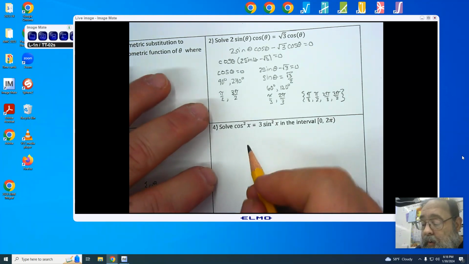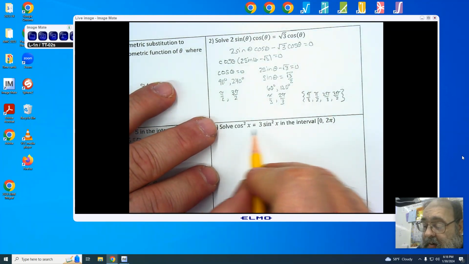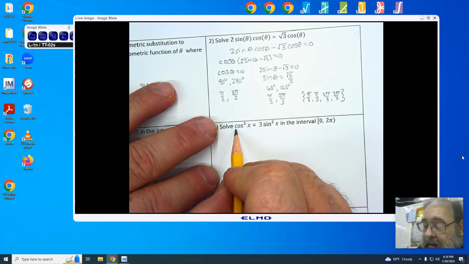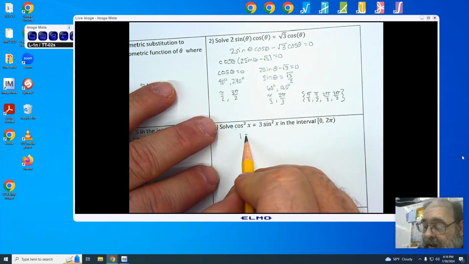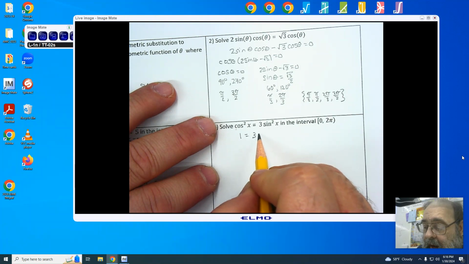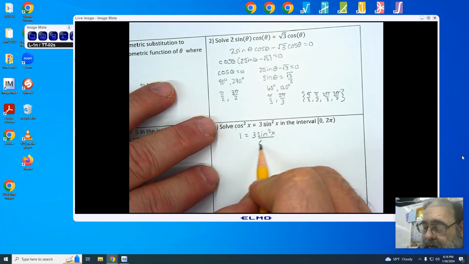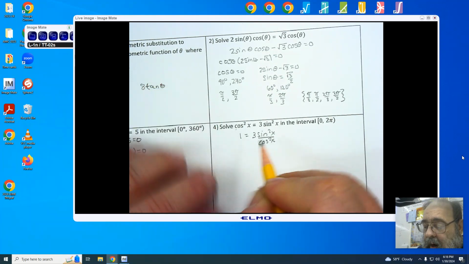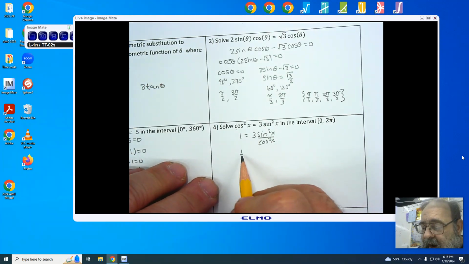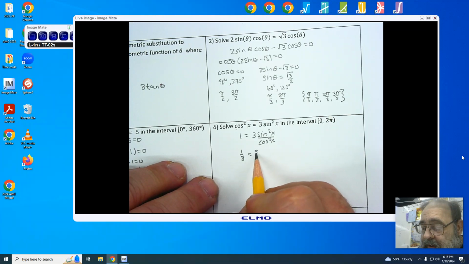I prefer to work with the tangent squared, so I'm going to divide both sides by cosine squared. Notice that's going to leave me with a 1 equals 3, and I have sine squared of x over cosine squared of x. I'm then going to divide by 3 so that I have 1/3 equals the sine squared of x over the cosine squared of x.